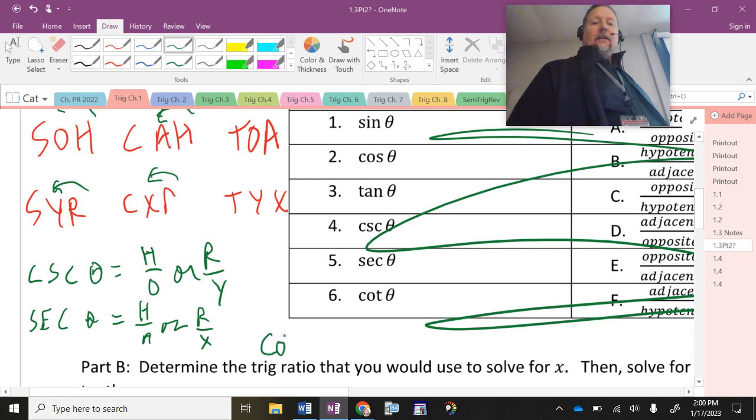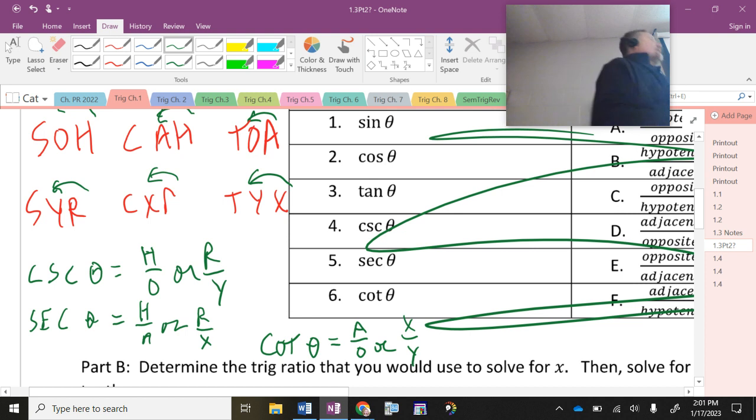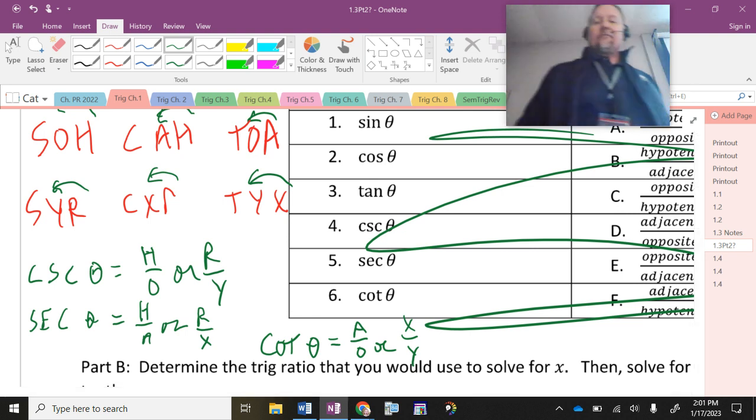Now I could sneak it in here. Cotan of theta equals, well, CAST or TOA, but in reverse: A over O, or X over Y. A lot of questions last hour, even after going over some things, so I thought that'd be a good start for you.